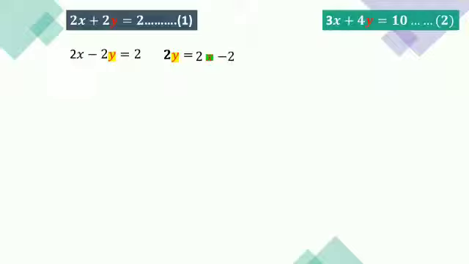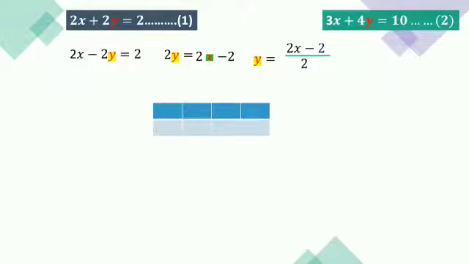I'll transpose 2y to this side, which becomes plus, and 2 to this side, minus 2. So y is equal to 2x minus 2 by 2. Or easily, you can cancel all the 2's, 2 common here, you can take outside. So x minus y is equal to 1. So y is equal to x minus 1.